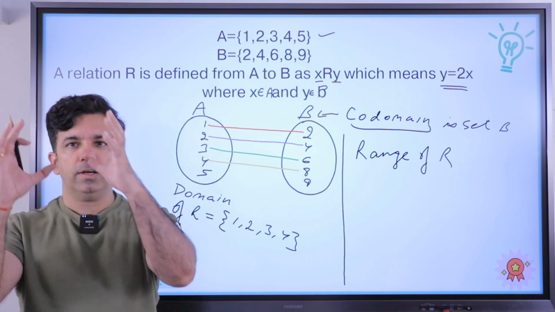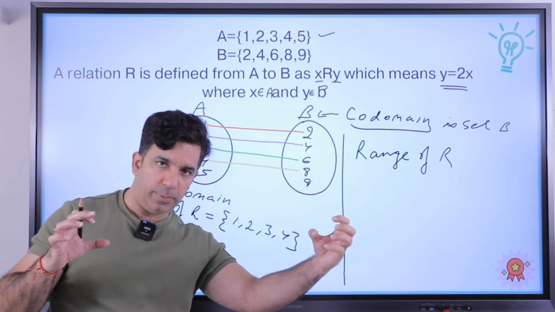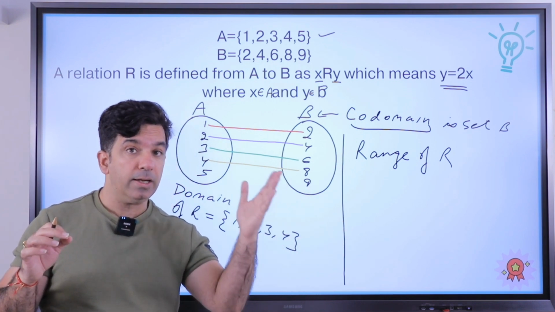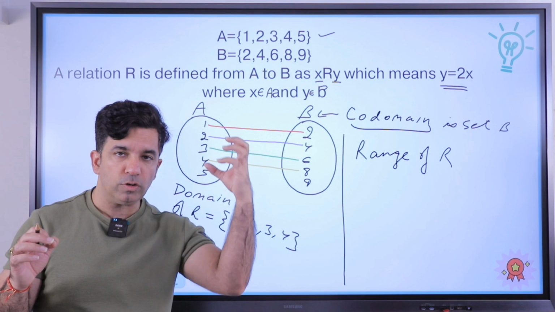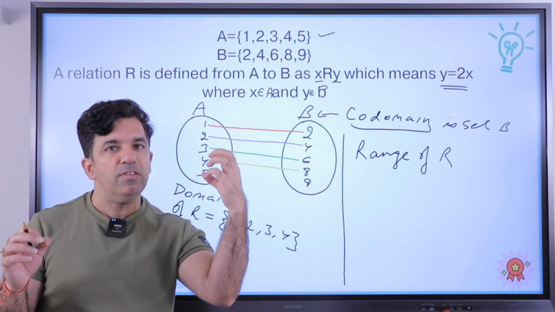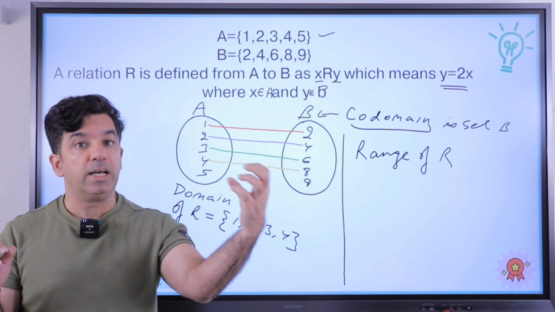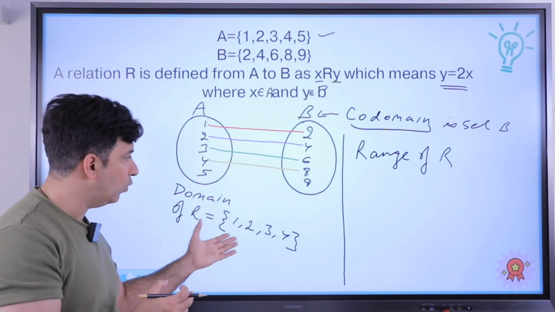So domain is those elements of set A with a connection. And similarly, range of a relation means those elements of set B which have a connection with elements of set A. In a way, it's the same sense which we have heard over here.